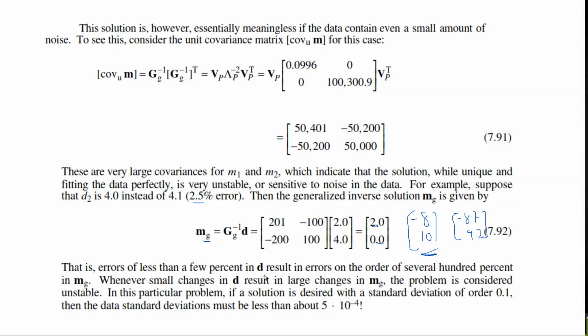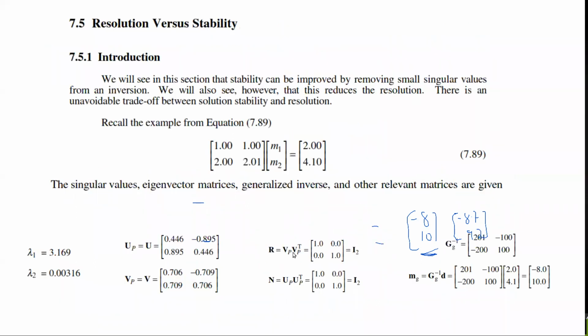It's a clear indication that your system is really unstable and so sensitive to noise. This is how you quantify or estimate how well you are resolving your model parameters through these analyses. So this is the resolution versus stability. This is what I talked about before.